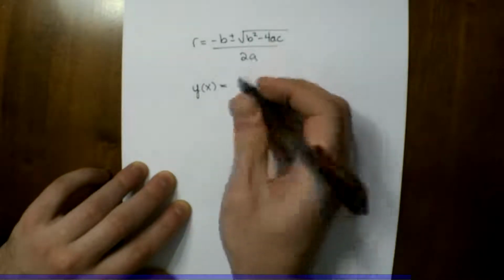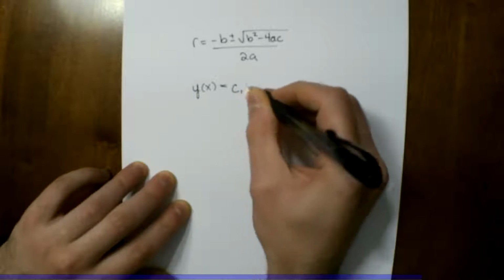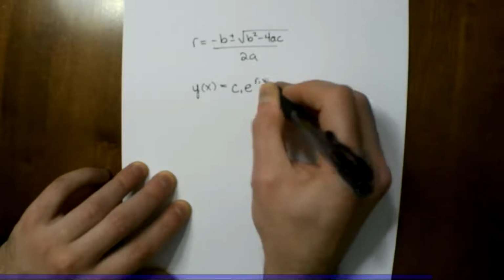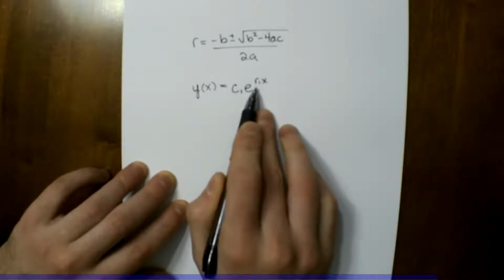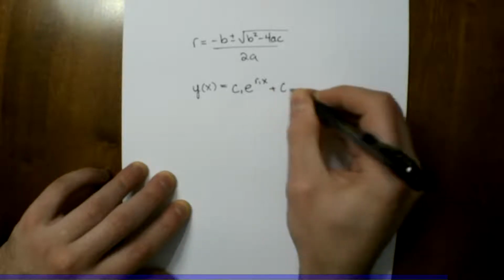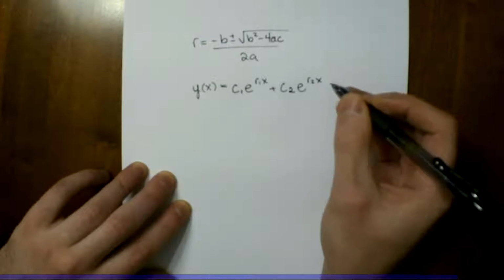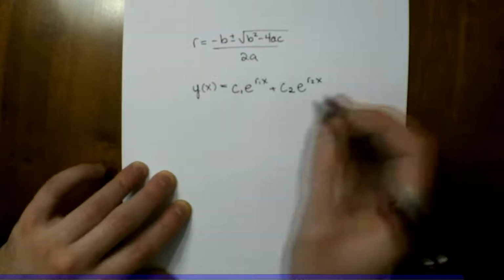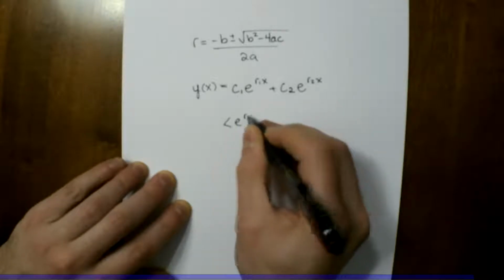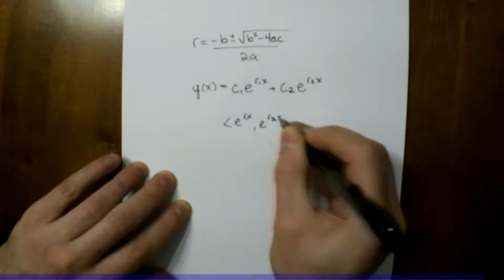So if we have two, we can say that the expression for y(x) is given by c1, some constant, times e^(r1x), where r1 is one of the two values that satisfies this, plus another constant, c2, times e^(r2x). Another way to phrase this would be that the solution has a basis of e^(r1x), e^(r2x).